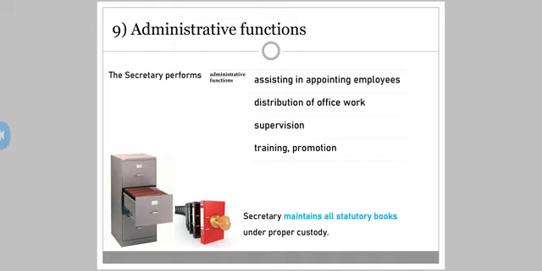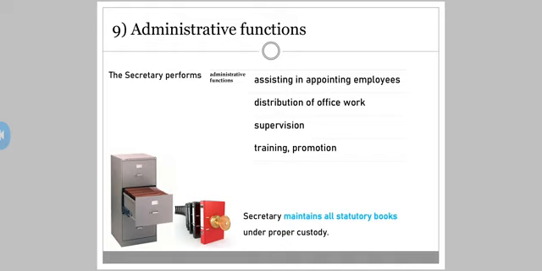The secretary performs administrative functions in the form of helping in appointing employees, distribution of office work, supervision, training and promotion. This is the first part of the administrative function, looking after the whole of the organization.